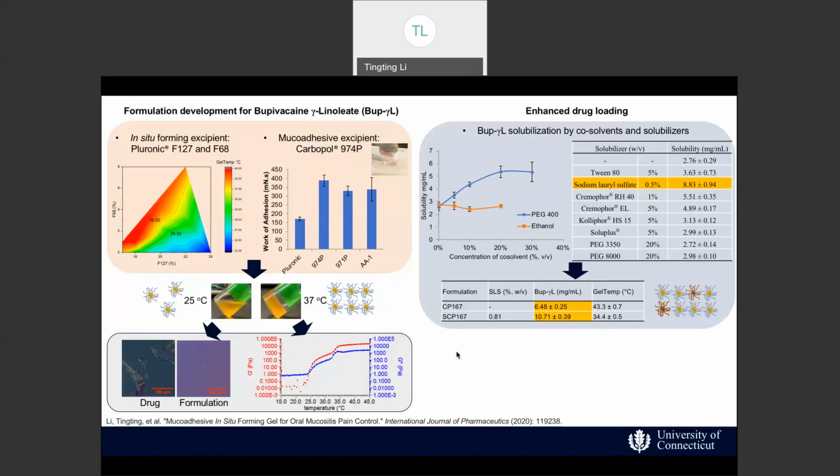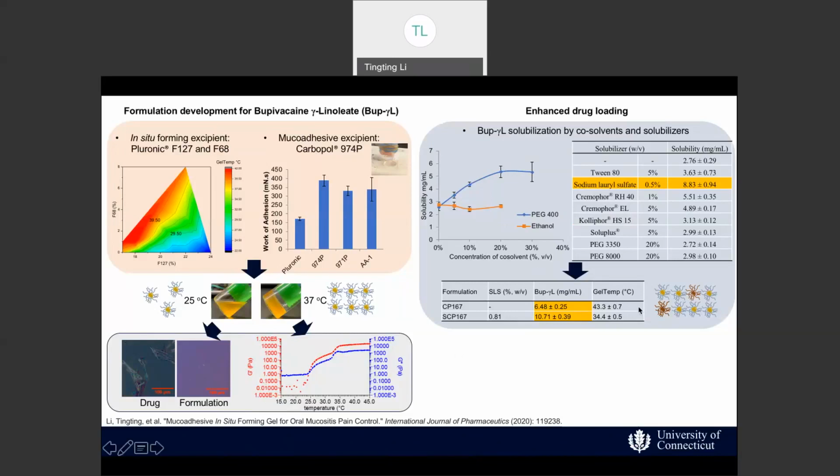And the improved drug loading formulation was SCP-167, and the drug loading was above 10 mg per ml, around 10.7 mg per ml. So the conclusion of this result is that by using sodium lauryl sulfate, we were able to improve the drug loading to our desirable drug loading level.